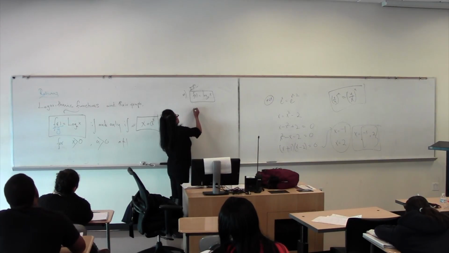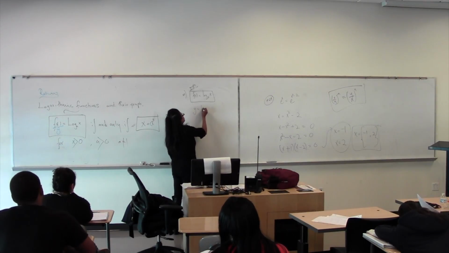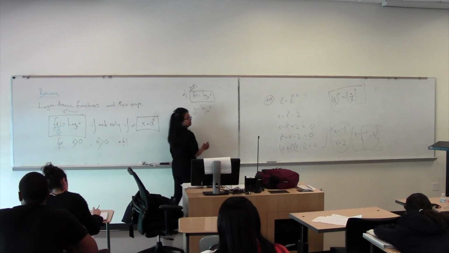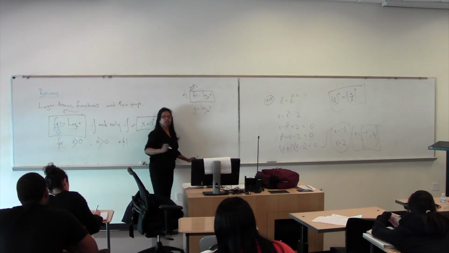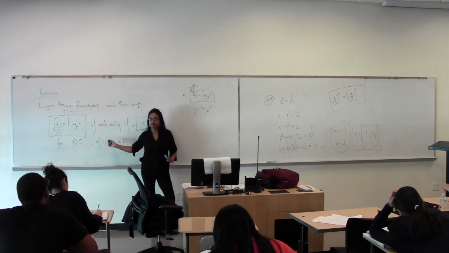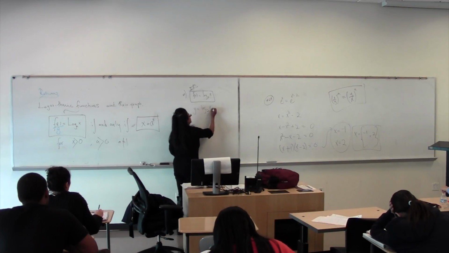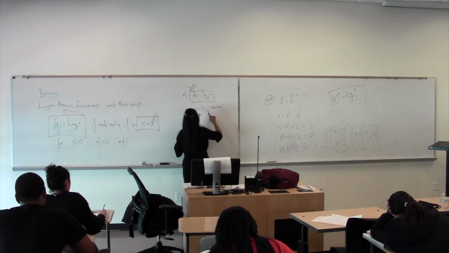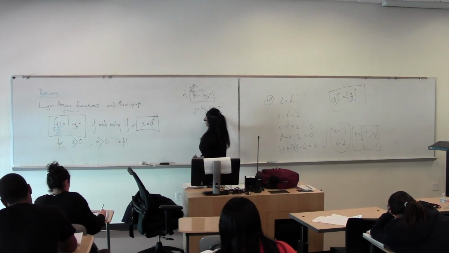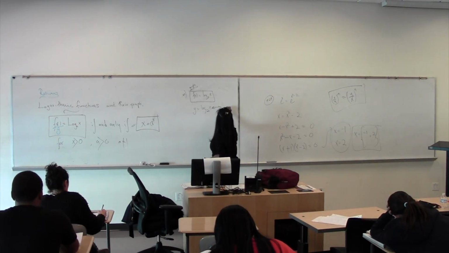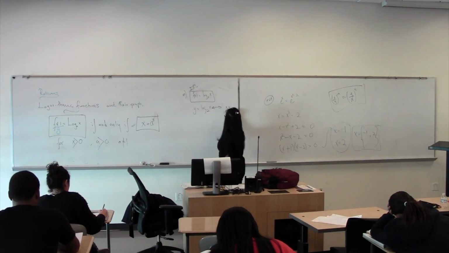So the first thing we write is y equals log base 2 of x. Now the rule says to convert this, right? How will you convert this? This means x equals 2 to the y.